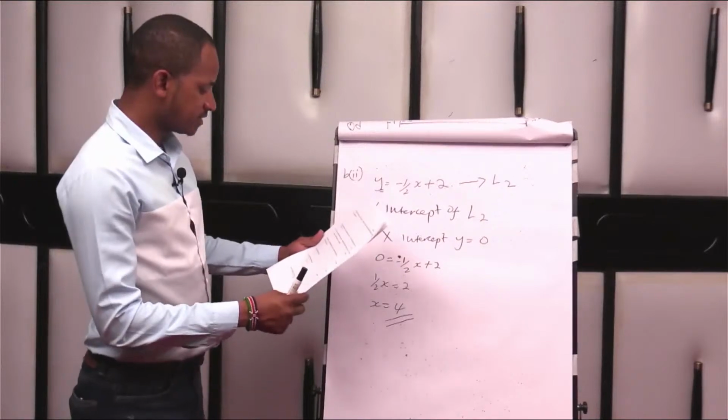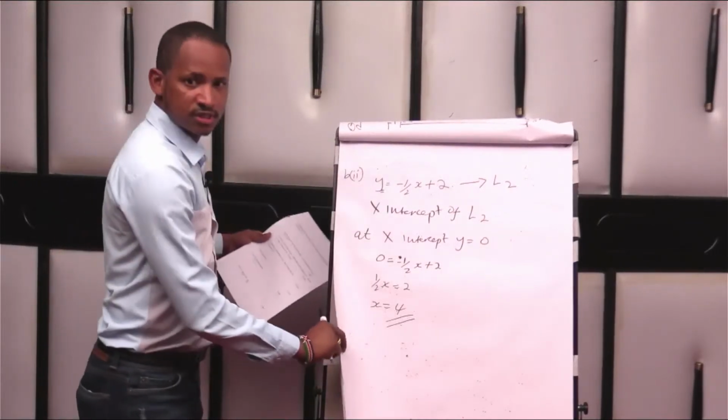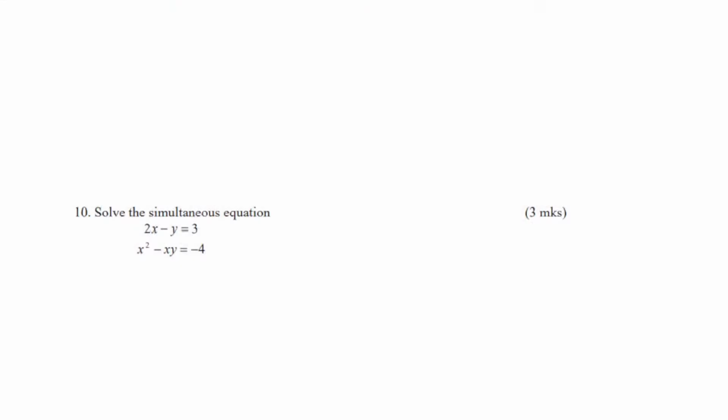The next question, 10, solve the simultaneous equation. Don't be tired, please. Let's just hang on. We are almost through. Solve the simultaneous equation 2x minus y equals 3, then x squared minus xy equals minus 4.